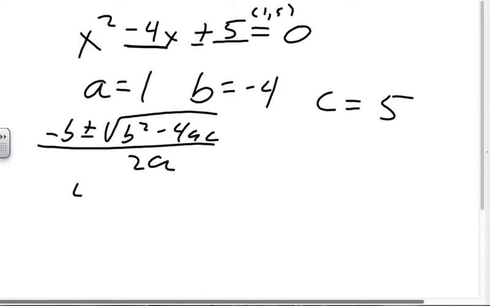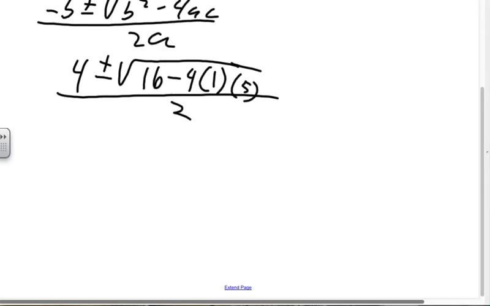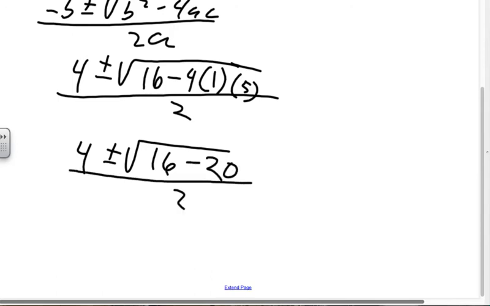We're going to have 4 plus and minus the square root of negative 4 squared, which is 16, minus 4 times 1 times 5, all over 2 times 1, which is 2. Okay, so now you're going to have 4 plus and minus the square root of 16 minus 20, over 2.